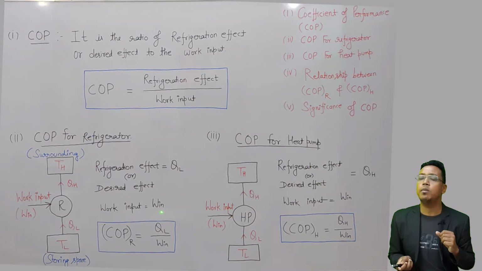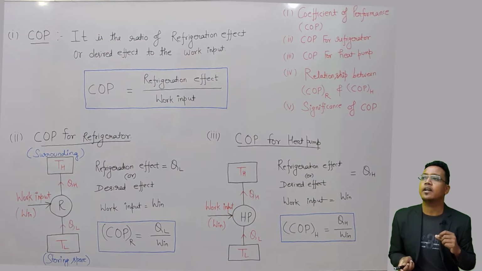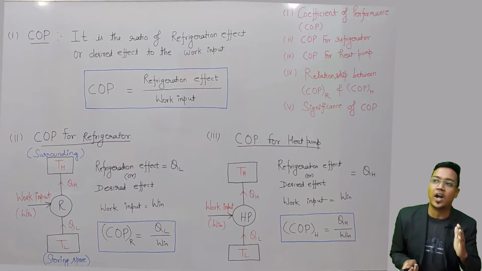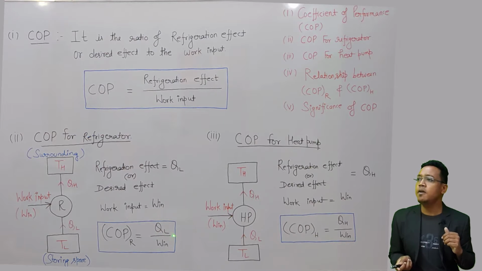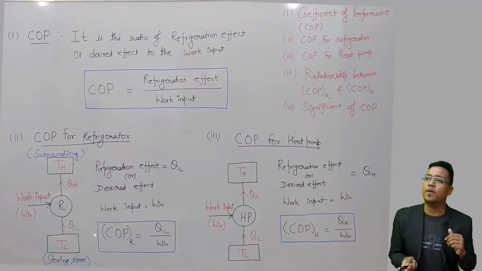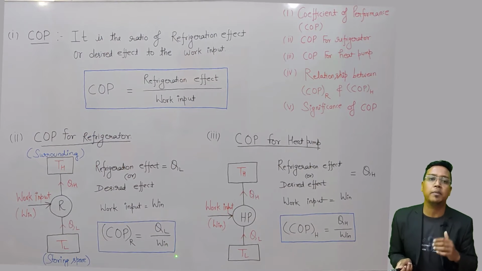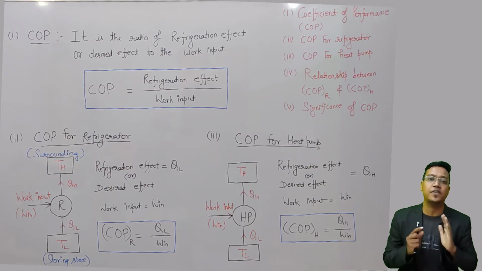Here I can write W in. So we can write COP for refrigerator is equal to the ratio of QL to the work input, where QL is our refrigeration effect or desired effect, and W in is the work input. So COP for refrigerator is equal to QL divided by W in. This is the COP for refrigerator.